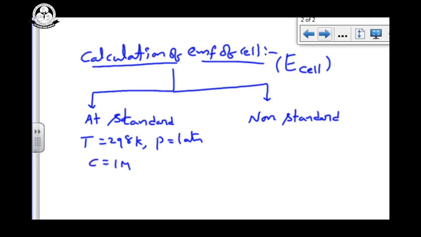Non-standard conditions mean temperature may be different, pressure may be different, and concentration may be different, not 1 molar. In this chapter, most of the problems given are for non-standard conditions.